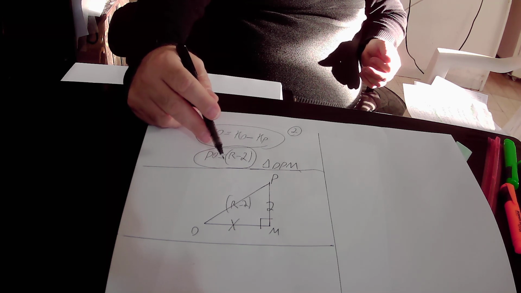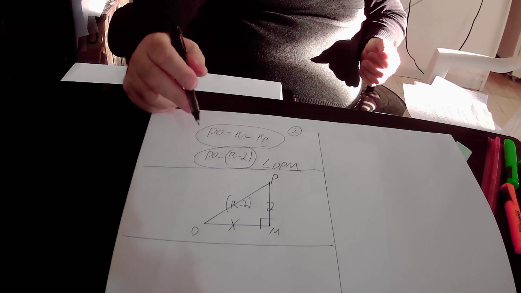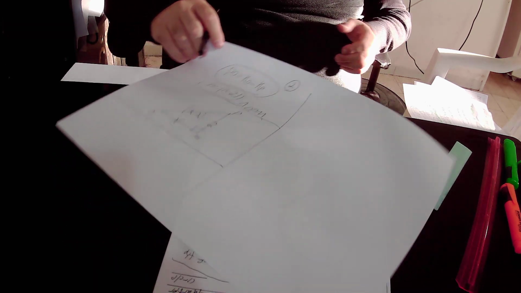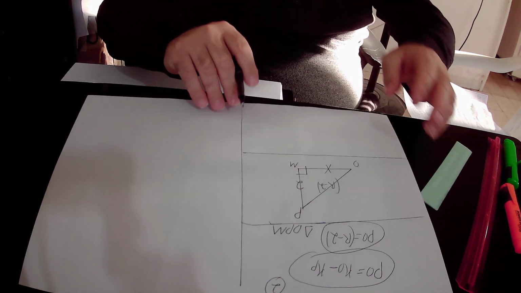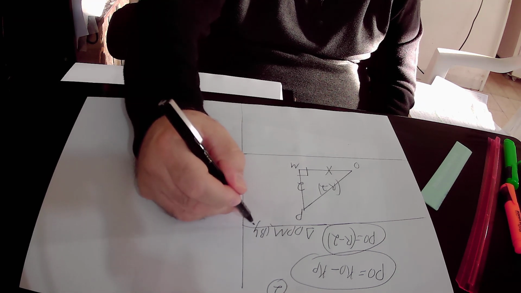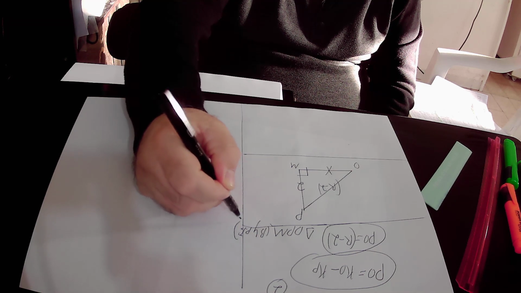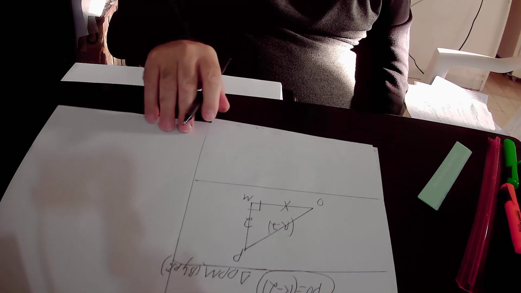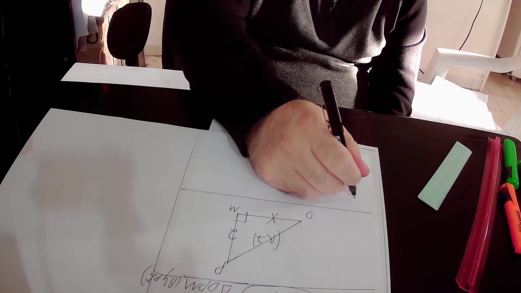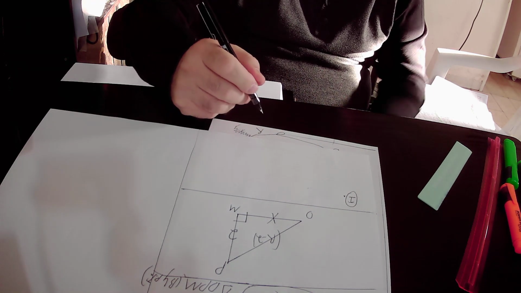In the next step, we will implement the Pythagoras theorem on this right triangle OPM. So I write down here, PT is the abbreviation for Pythagoras theorem. According to the Pythagoras theorem, the square of the hypotenuse equals the sum of the squares of the perpendiculars.